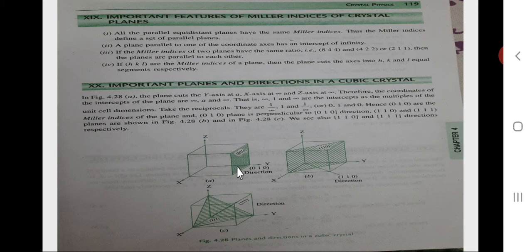Now the important planes. In this figure, the plane cuts the y-axis at a. It is parallel to the x-axis, so its intercept along the x-axis is infinity, and it is also parallel to the z-axis, so that intercept is infinity.